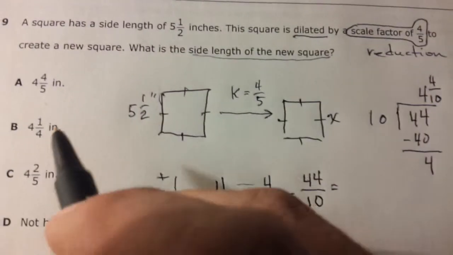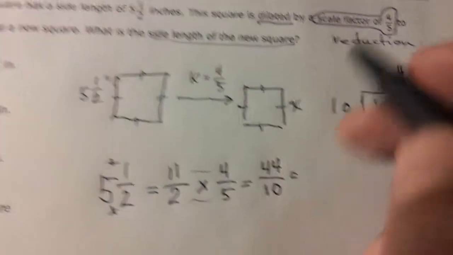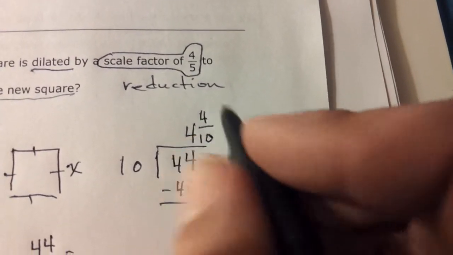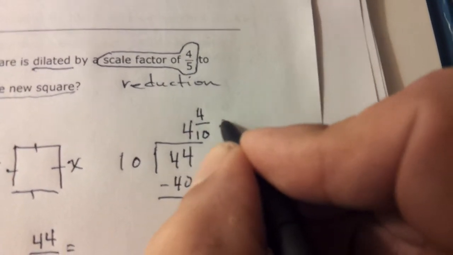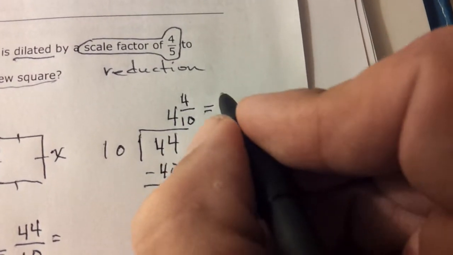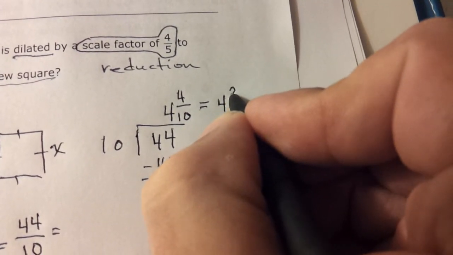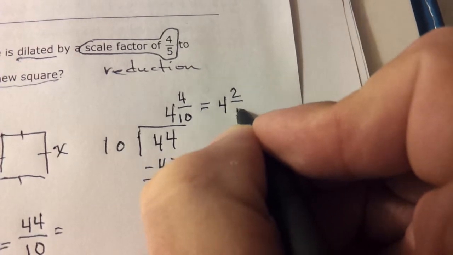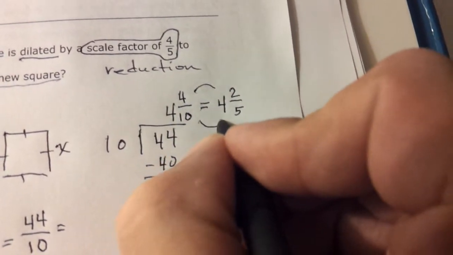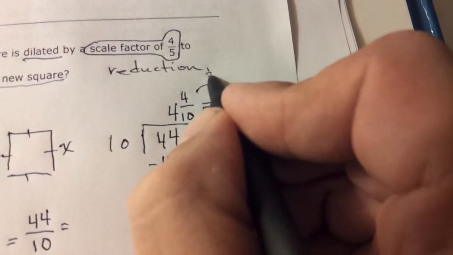Now, see over here, tenths is not one of your answer choices. Fifths, fourths, fifths. So what we got to do is simplify the fraction part of this. And we can see that 2 is a factor of the top and bottom, right? So that's equal to 4 and 2/5, because 4/10 and 2/5 are related by the scale factor of 1/2.